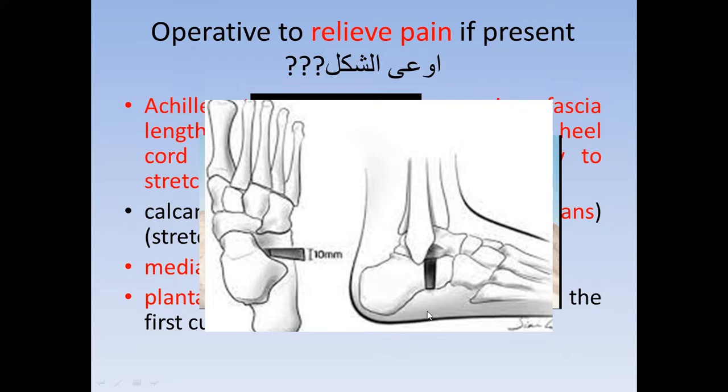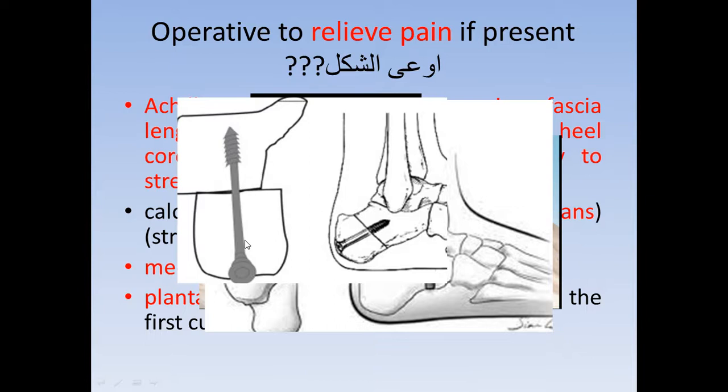If you lengthen the calcaneus, you stretch the plantar fascia and go into varus, into cavus, to decrease the flat foot. This is called calcaneal lengthening osteotomy.